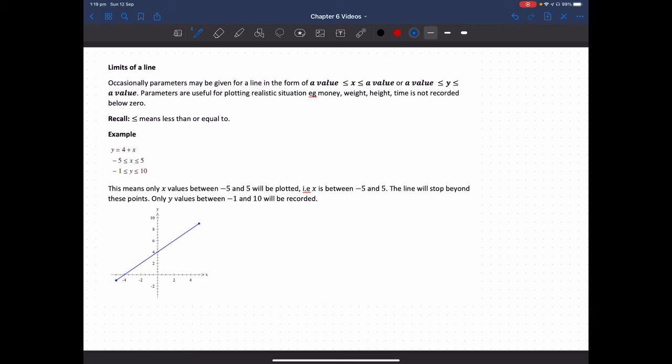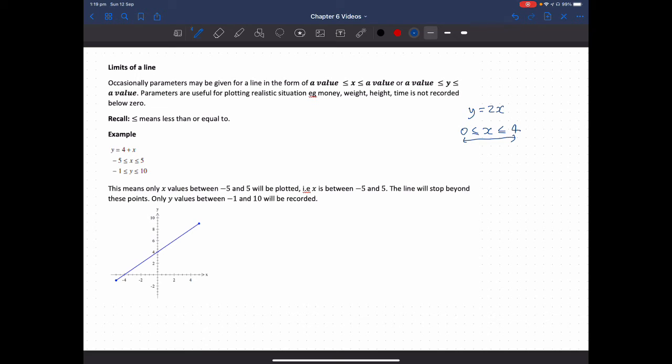I'll write down an example. I might say that y is equal to 2x, and I say the values of x are limited between 0 and 4. That means x can take any value between 0 and 4.